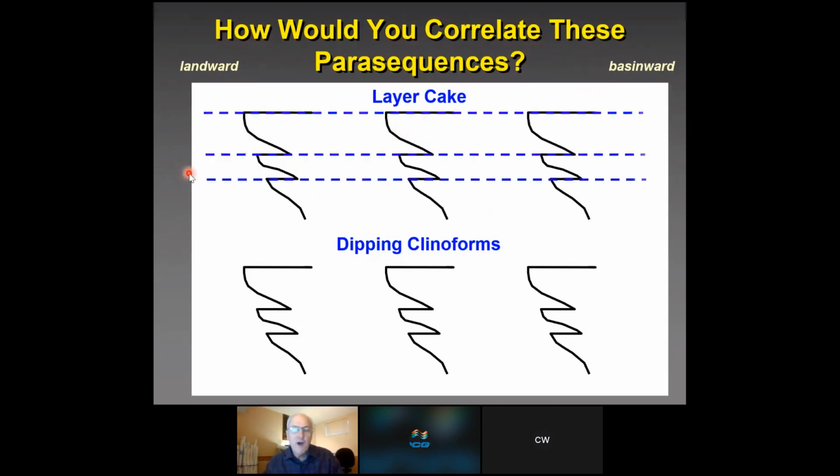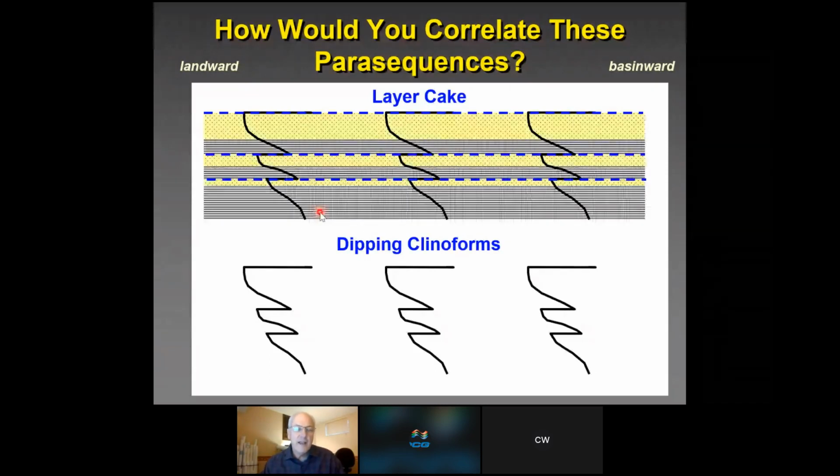Would you say, well, I think I'm going to do character recognition, and my flooding surfaces parallel each other. So I've got 1, 2, 3 coarsening upward shoreface deposits or parasequences. And essentially, it makes a layer cake of interbedded mudstones, sandstones, mudstones, sandstones, mudstones, sandstones.